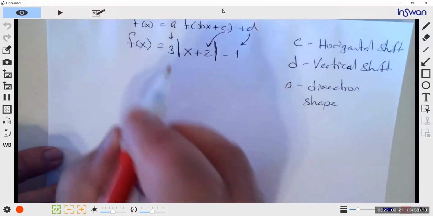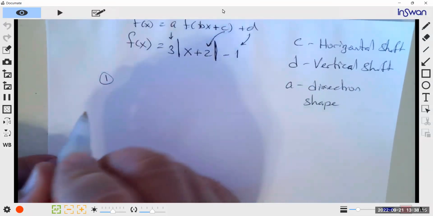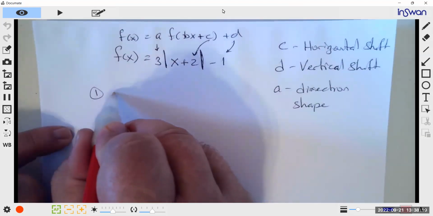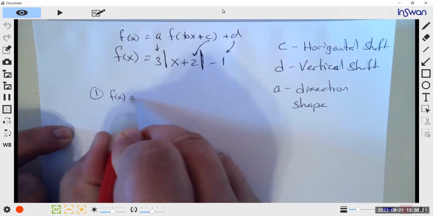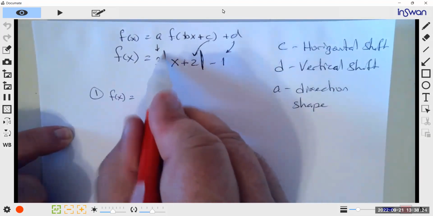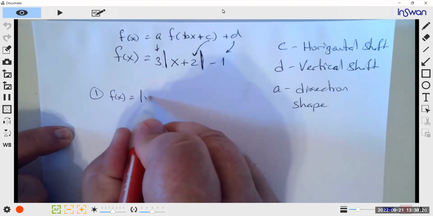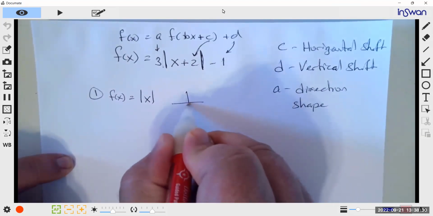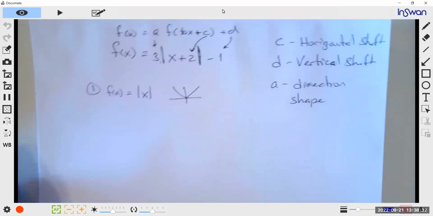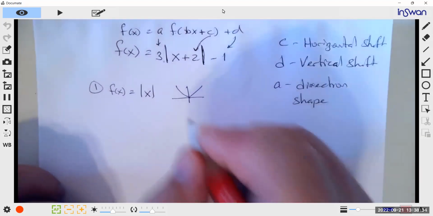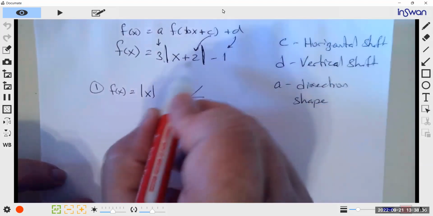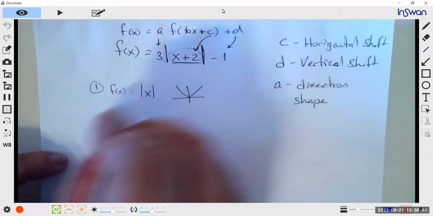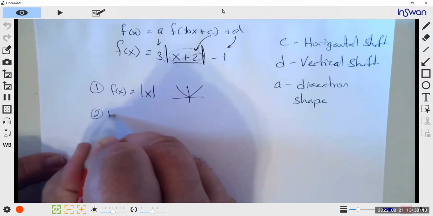Let's do it piece by piece. So first step: what's the original function in our equation? Since the function is absolute value of x, we start off with that because we have to know what the graph will look like. That's the original one. We do inside the parenthesis. This is the horizontal shift.